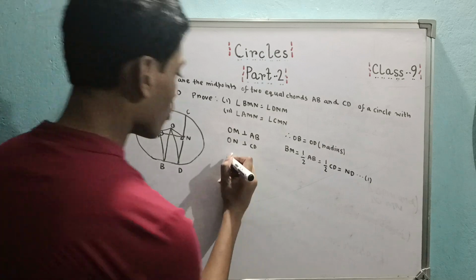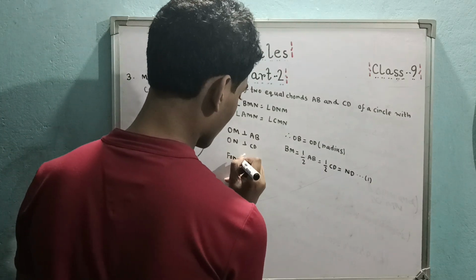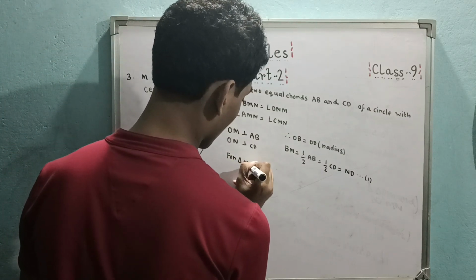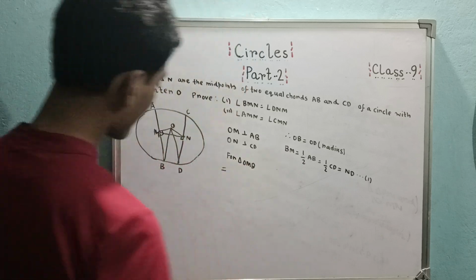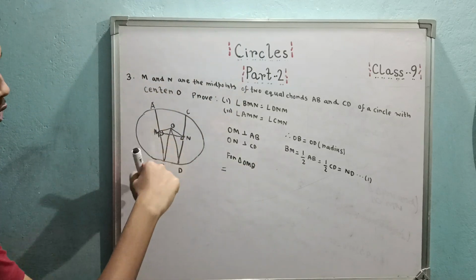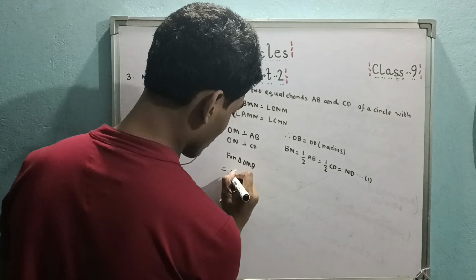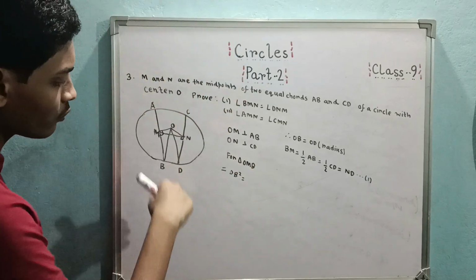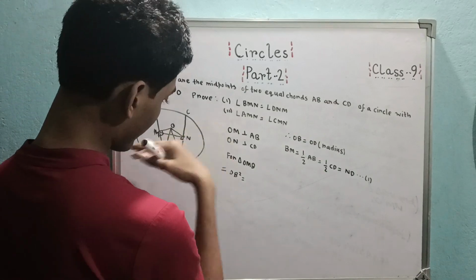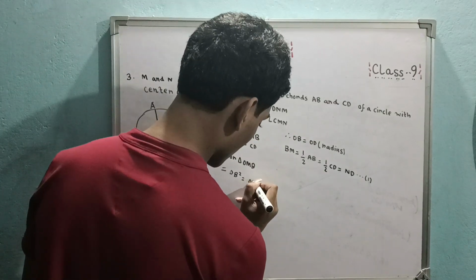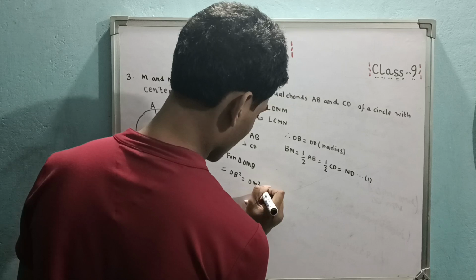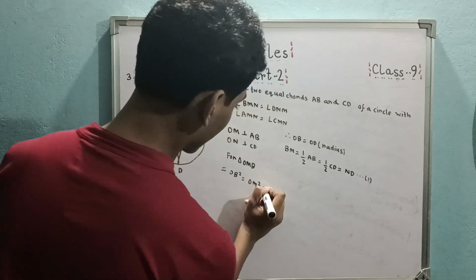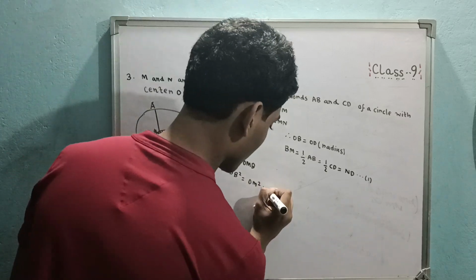So for triangle OMB, you know the formula: hypotenuse square, which is OB square, equal to height square OM square plus base square MB square.